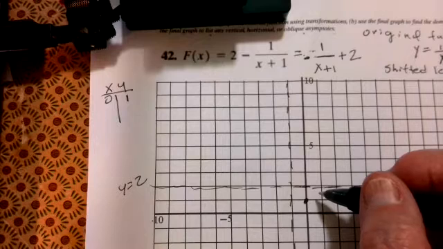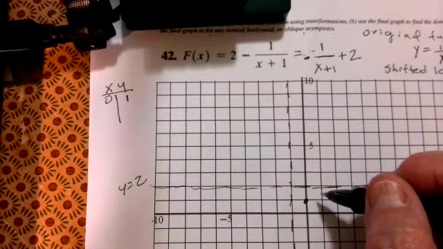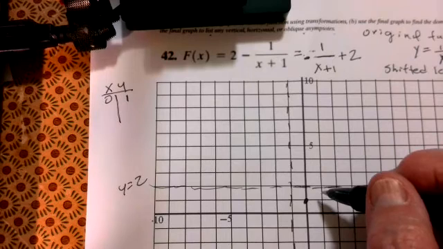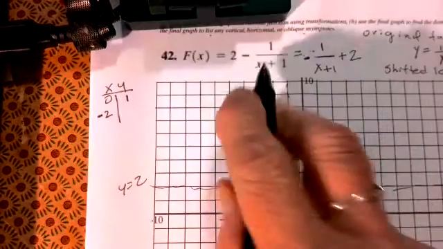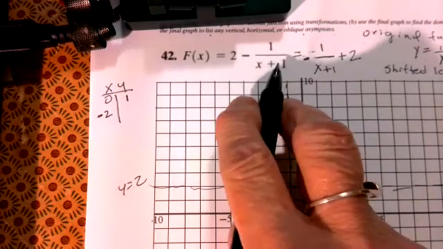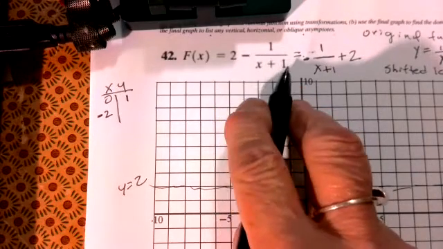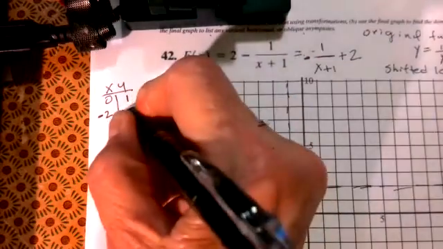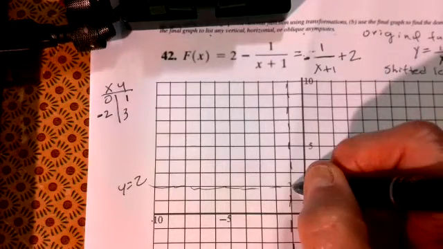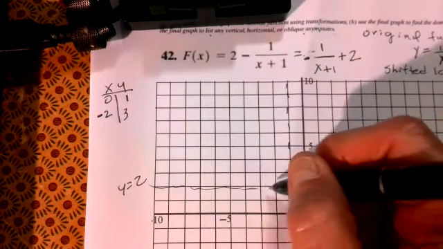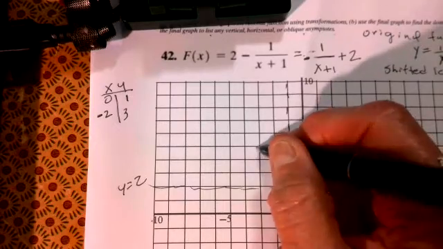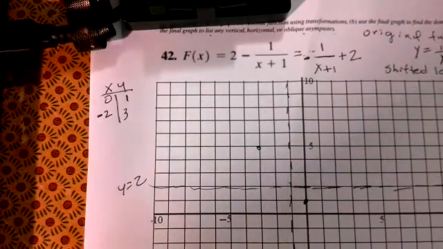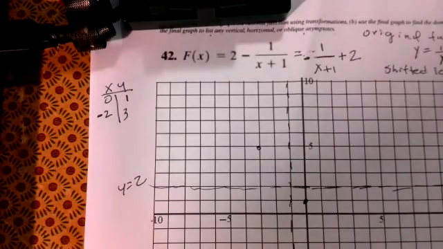So what other point? What if x is equal to negative 2? Yeah, let's let x be negative 2, because then we'll have negative 2 plus 1. That's going to give me a negative 1. And so we're going to be adding 1 to 2. So that's going to give me negative 2, 3. So let's put that point in here too. I believe that's right, because this is x equal negative 1.